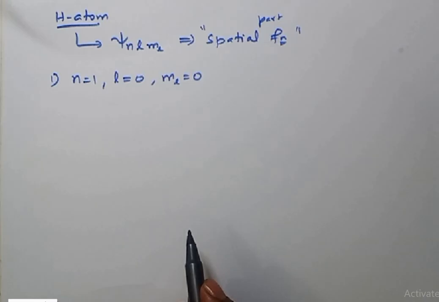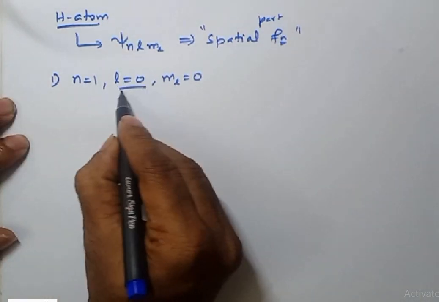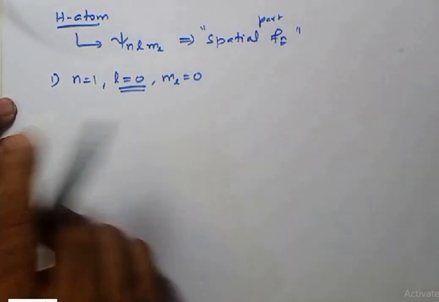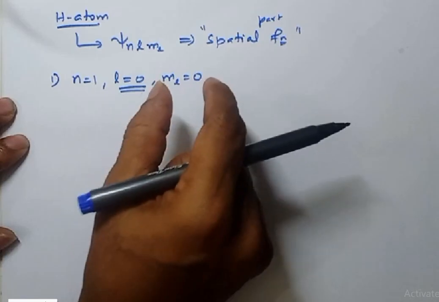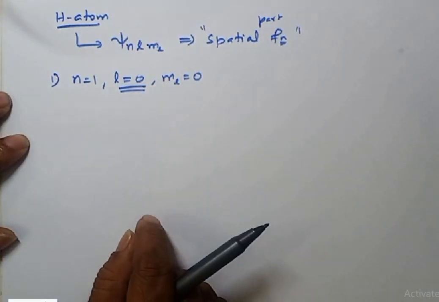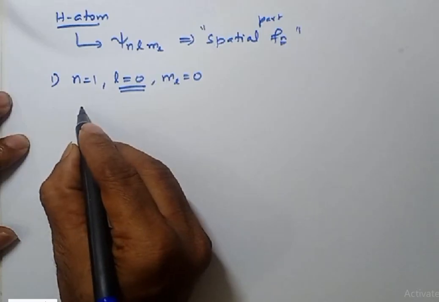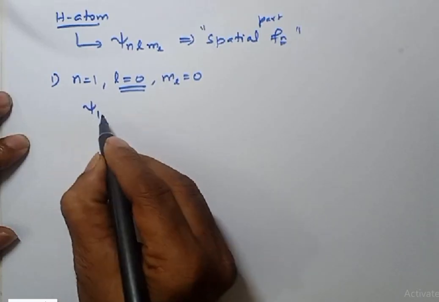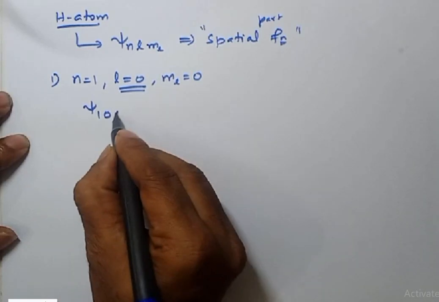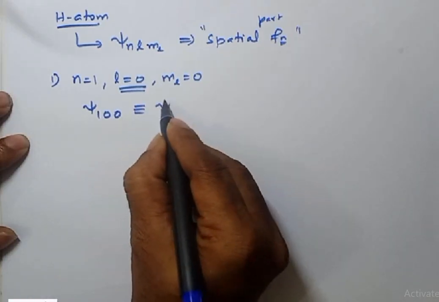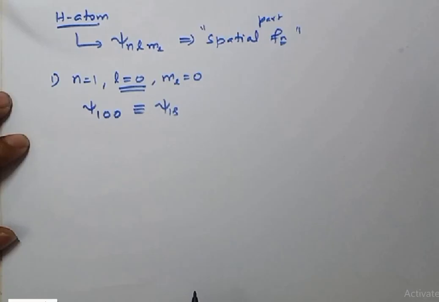If l is 0, we call that subshell the s subshell, so it is called s orbital. So this wave function, psi with n value 1, l value 0, ml value 0, psi 1,0,0, is called psi 1s of hydrogen atom.